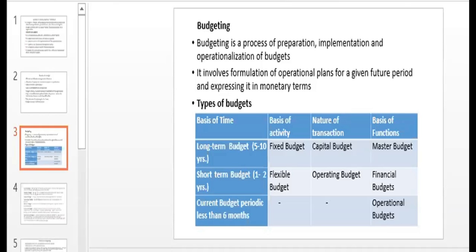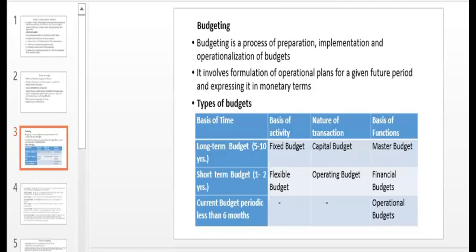Now we have long-term budgets. That is on the basis of time, long-term budgets. Long-term budgets are budgets that run for 5 to 10 years. All right. Like most governments, budgets run for 5.